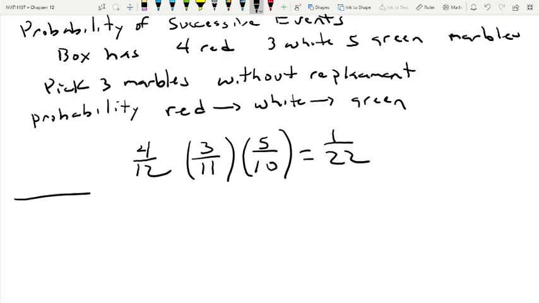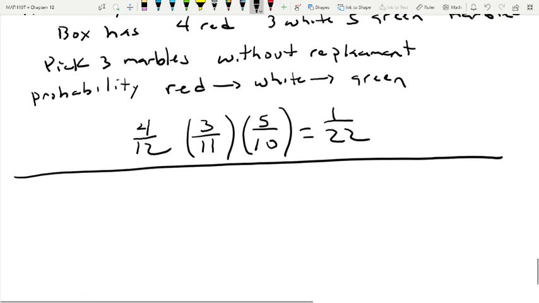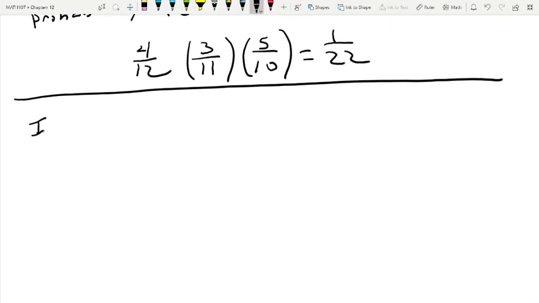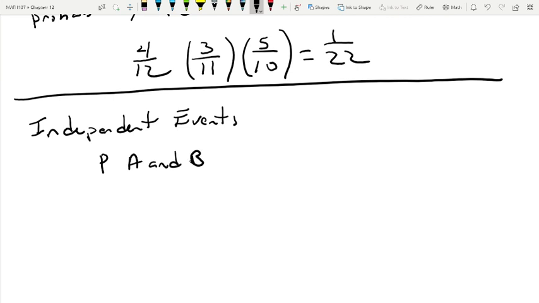And then for independent events, the probability of A and B is equal to the probability of A times the probability of B. Right? So we go back to my 7 and my king.